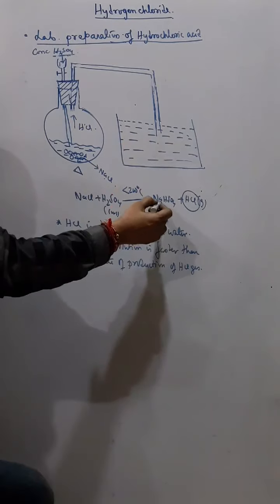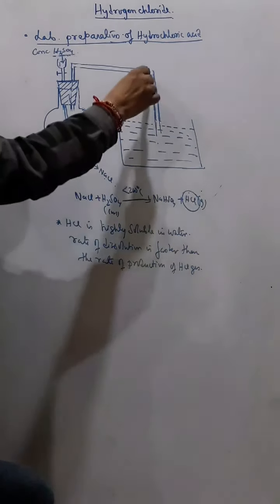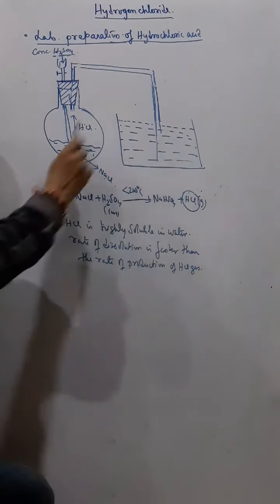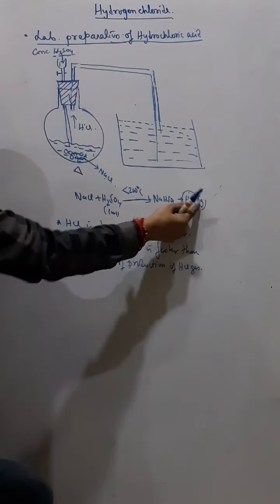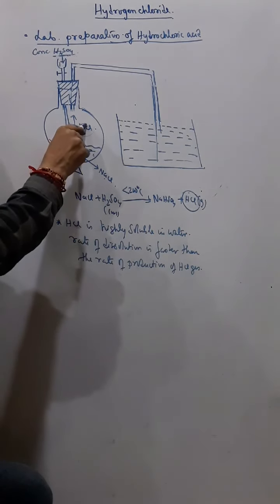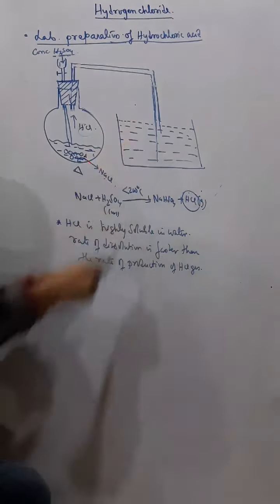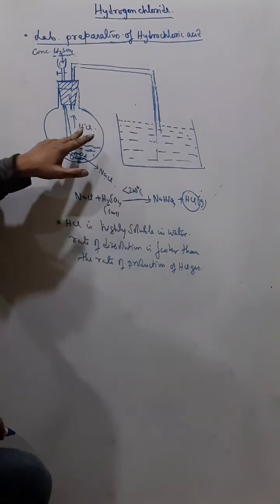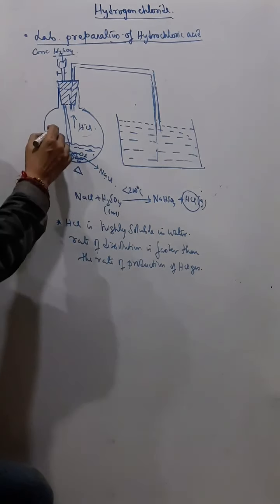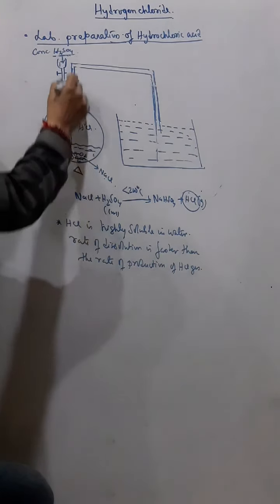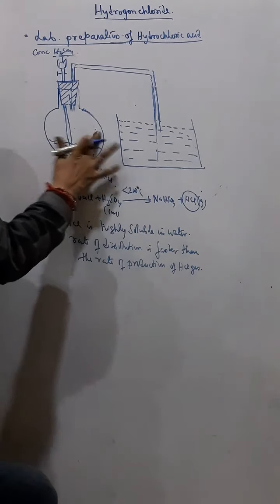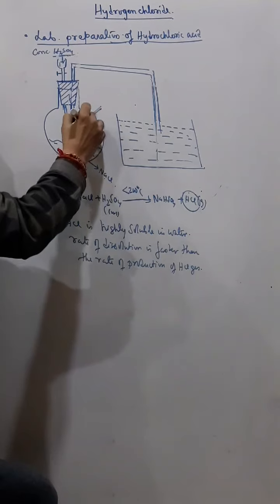Because it is highly soluble, it dissolves very quickly, and this rate of dissolution is faster than the rate of production. So the HCl is produced here, but the dissolution of HCl gas is much faster than its production. Then what will happen? The HCl gas that is formed dissolves very quickly, and since it dissolves so quickly, a vacuum forms here.